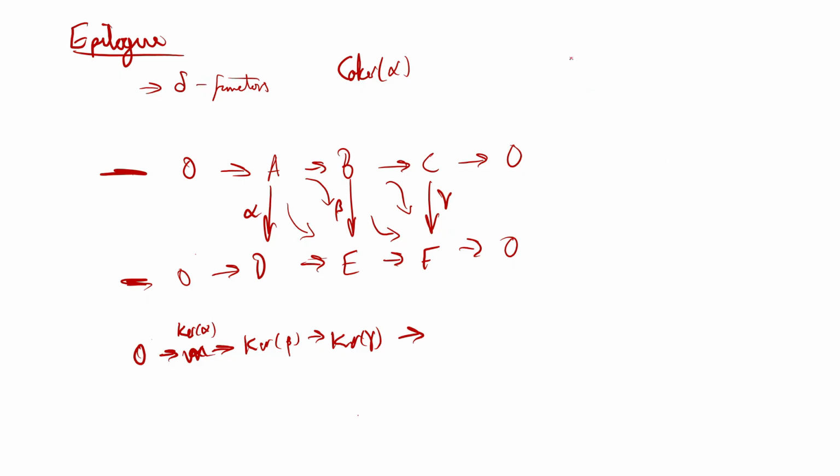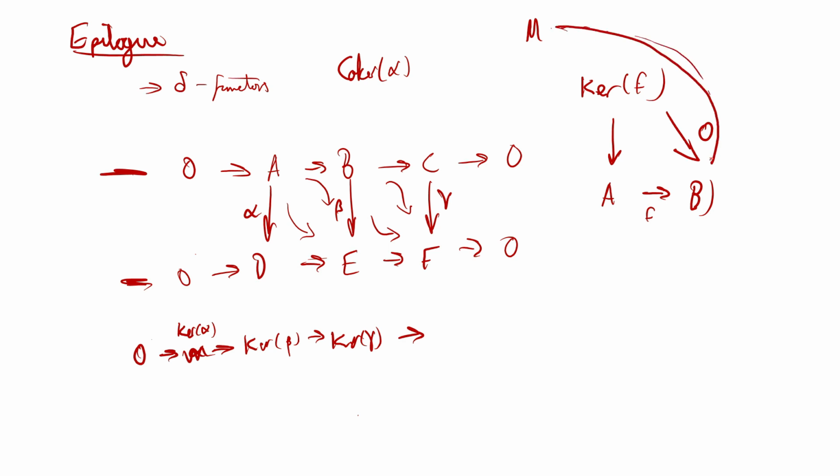So the kernel of a function f from A into B, and then say any M where this is the case, so this is an inclusion, but it doesn't necessarily need to be an inclusion, but this has to be an injective function.